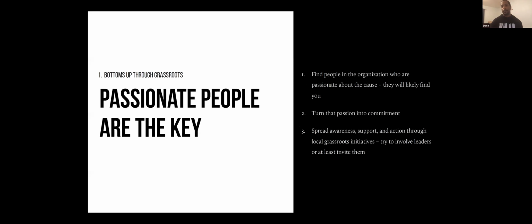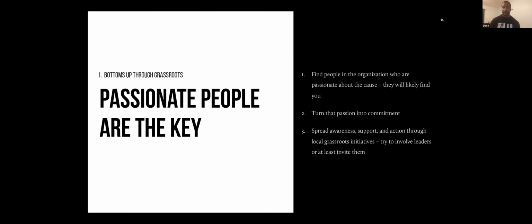So we'll start stepping through some steps that we can start taking within our own companies to start making this something that our organizations see as important and that we can actually start impacting change. And this includes some of my experiences at Capital One and previous companies that I've worked at. So number one is this is usually going to be a bottoms up approach.